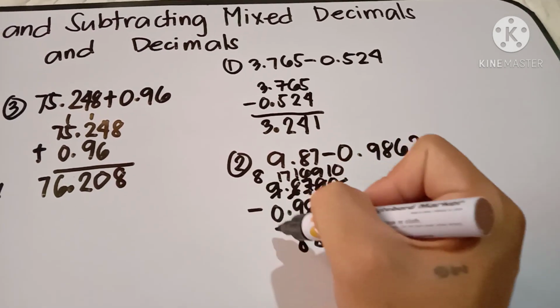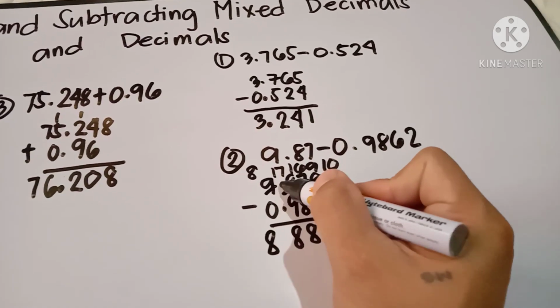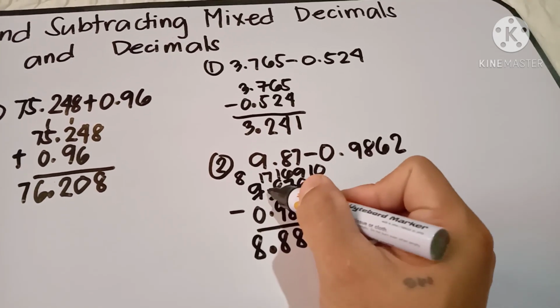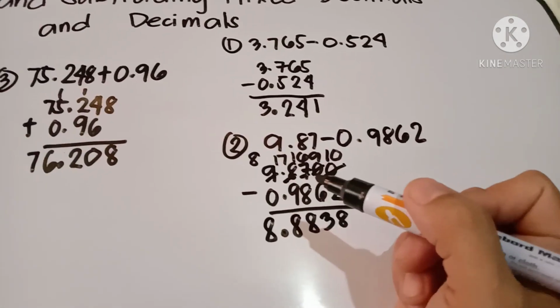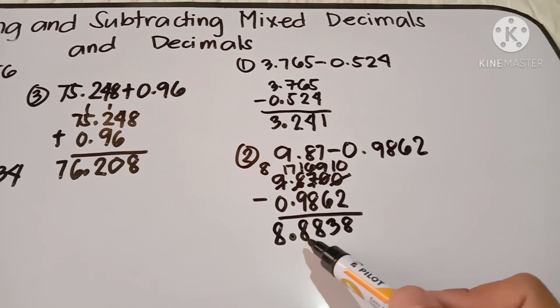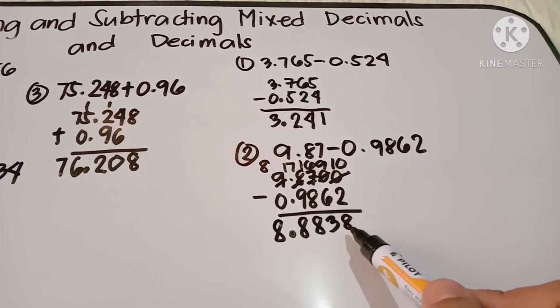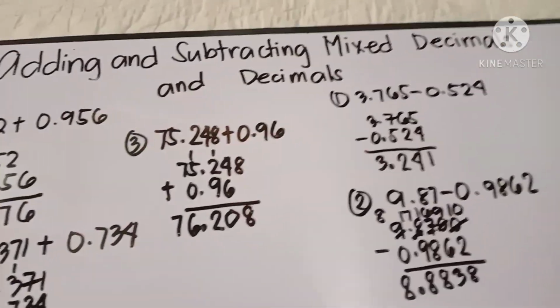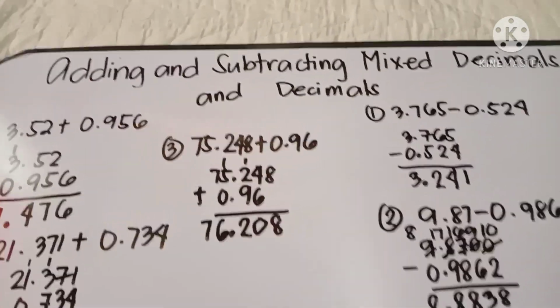Okay, then 8 minus 0, that is equal to 8. Then don't forget to write decimal point here. Okay, naka-align dapat siya. So the answer, the difference is 8 and 8,838 ten thousandths.